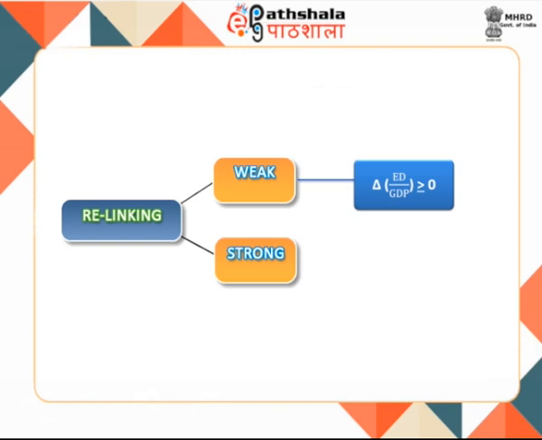Relinking in its weak relative form implies that change in environmental degradation with respect to GDP is positive. In case of strong relinking, the environmental impact increases over time and in its strong absolute form implies that change in environmental degradation is positive.